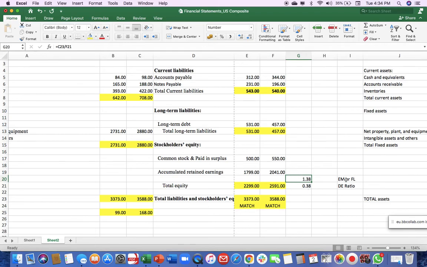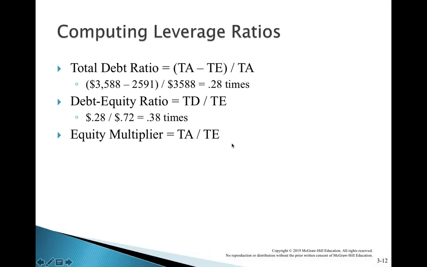So, what does it mean to have 1.38? The total assets are 1.38 times of your equity. The assets of the business are 1.38 times the equity.